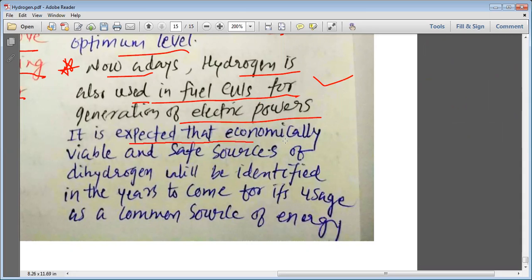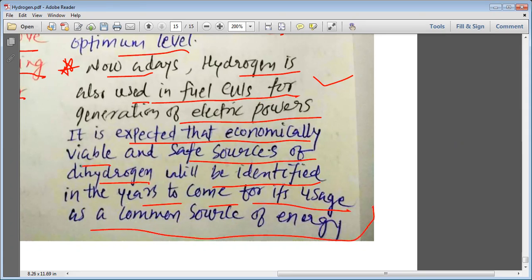Now, what do we expect? It is expected that economically viable and safe sources of dihydrogen will be identified in the years to come for its use as a common source of energy. So we should hope, we should do research, my dear students. If you become a scientist, I would request you to find various ways by which we can use hydrogen as a fuel or as a common source of energy.